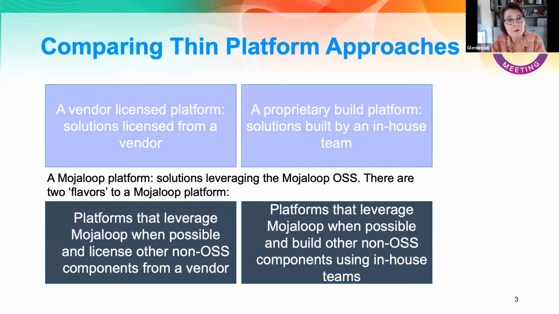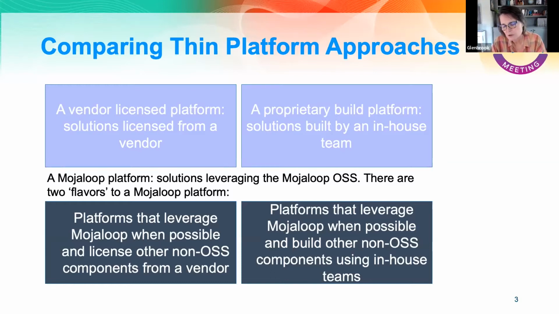And I want to just put a call out for any Mojo Loop enabled implementations to help us improve this data, right? This is a rapidly evolving market on all levels, all the platform approaches.